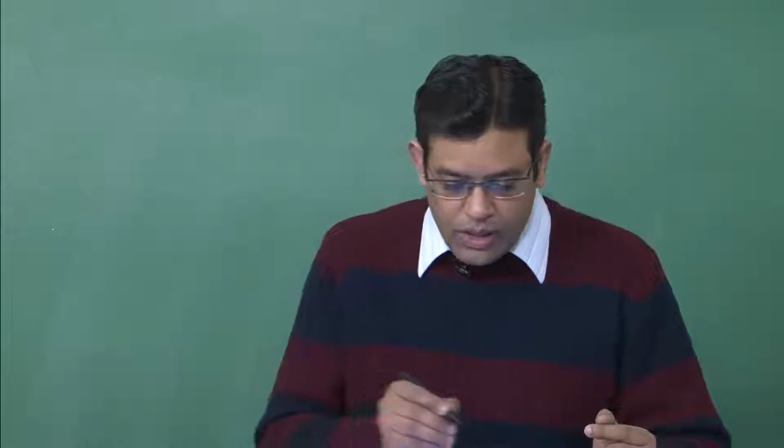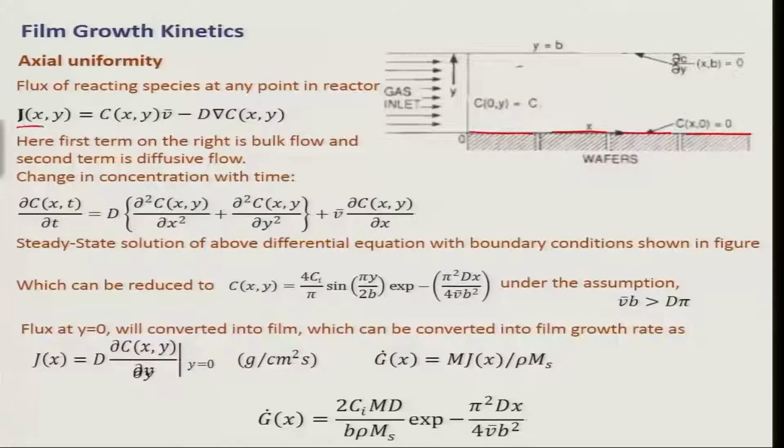This is a two dimensional state. We are going to ignore the third dimension, which is perpendicular to the plane of the paper. So, we look at how the reactants are distributed in these two dimensions, x and y. This is the y axis and this is the x axis.